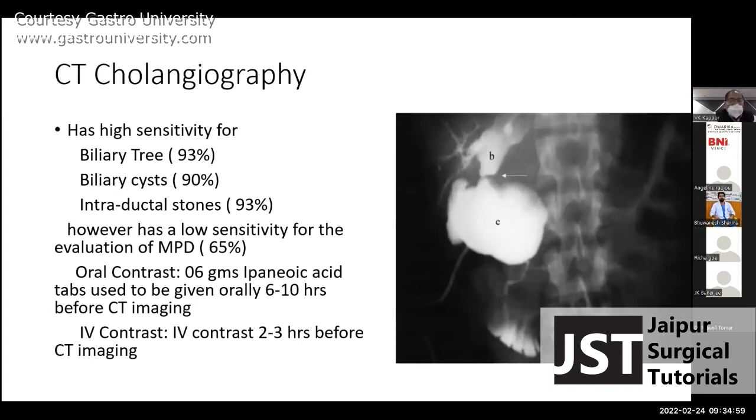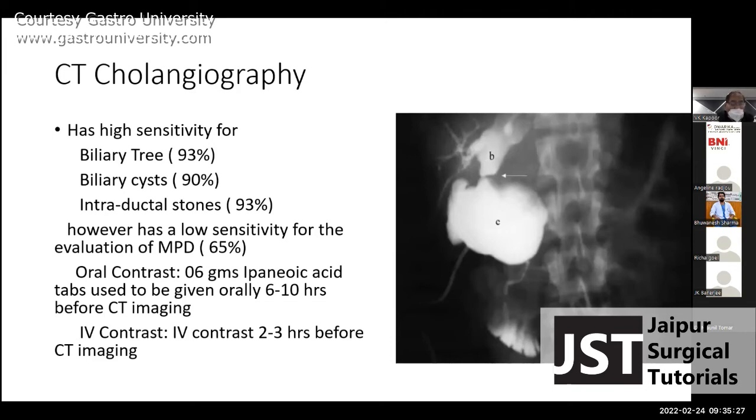CT cholangiography. Here the IV or oral cholangiography is added with the CT scan. It's highly sensitive, however, has a low sensitivity for the evaluation of main pancreatic duct. So it's not a very good investigation, particularly for choledochocele.